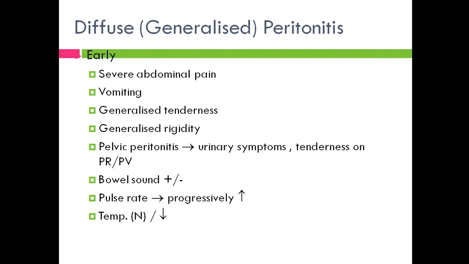When you get a pelvic peritonitis, you may get urinary symptoms because of the irritation of the urinary bladder, and because of the irritation of the colon, you may get loose stools or diarrhea, and tenderness on per rectal or per vaginal examination. Once sepsis sets in, the bowel sounds will be decreased or might be absent.